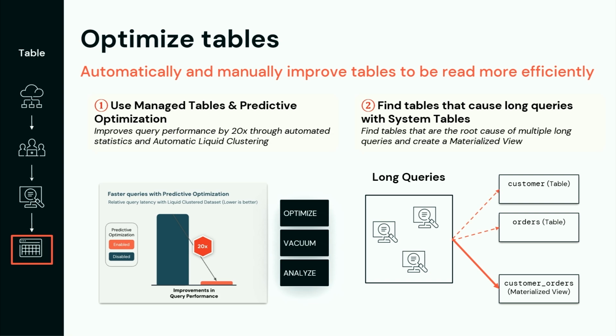By using these two tables together, you can identify which tables are the common source of long queries. And if you identify that joins between several tables are the root cause of your long queries, you can consider creating a materialized view so you can cache this expensive part rather than having to rerun it time after time.